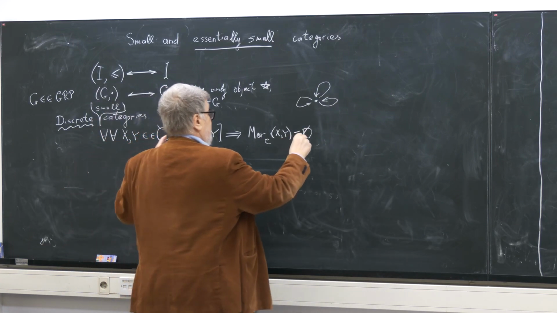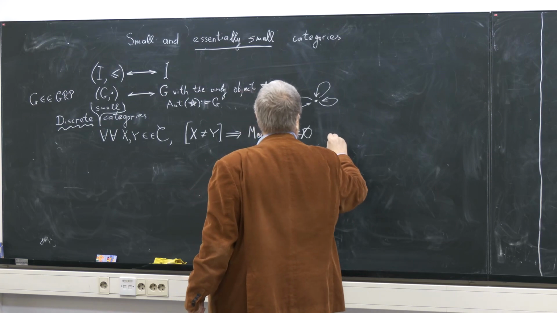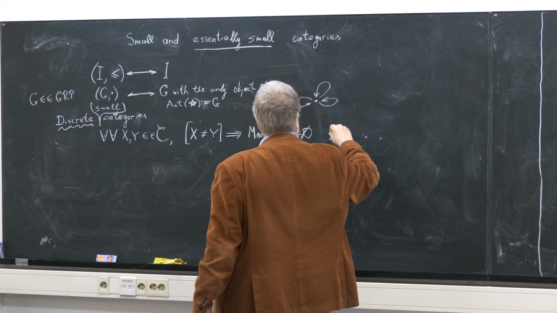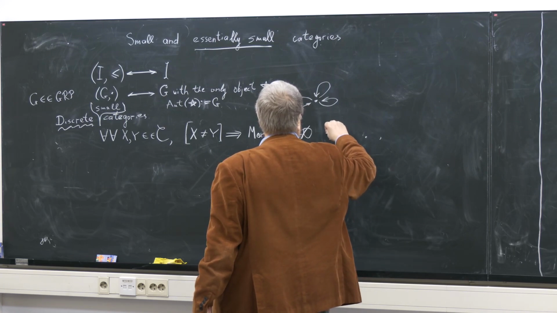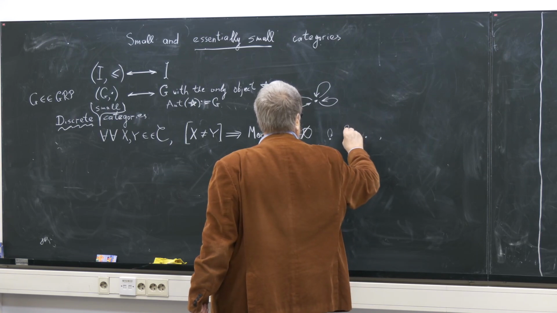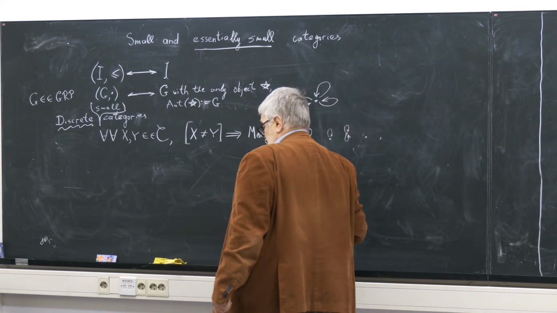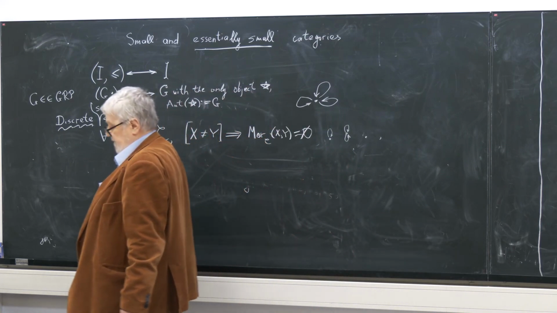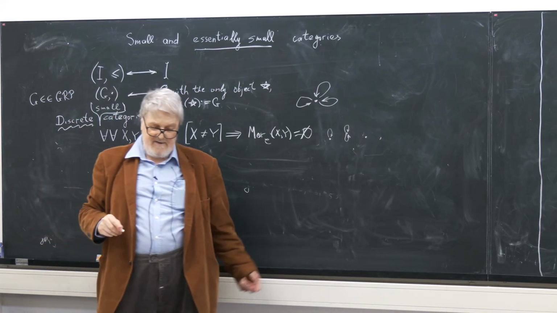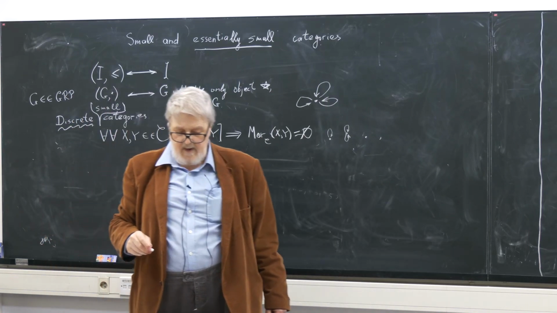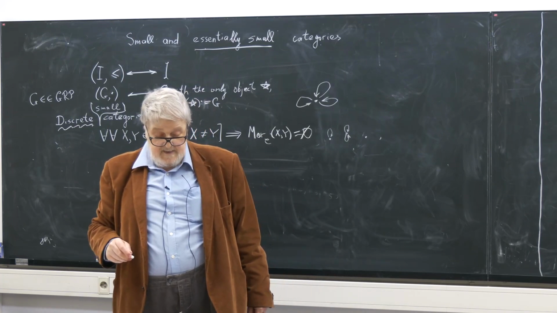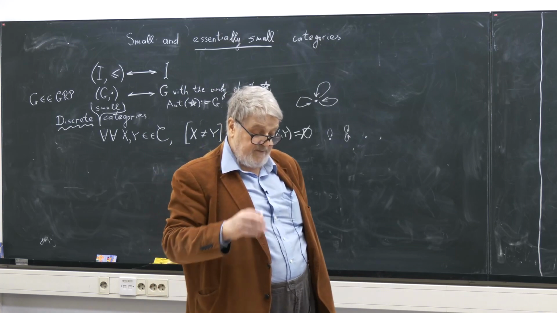And in a very strong pictorial sense, it is really discrete. There might be some arrows of an object to itself, and by the axioms there is at least one arrow to itself, but no arrows connecting the different objects.